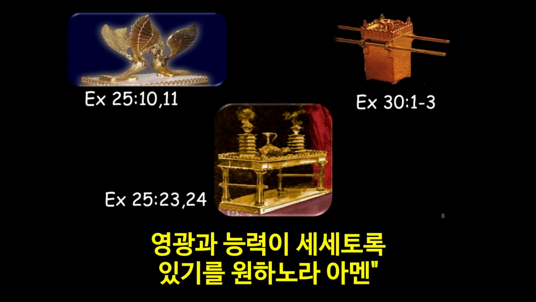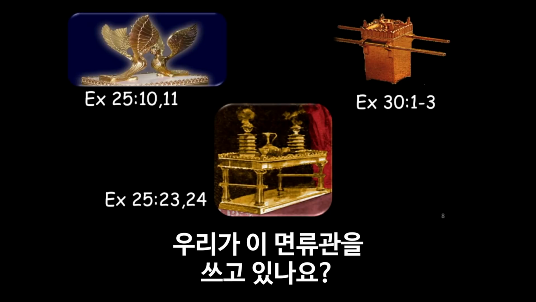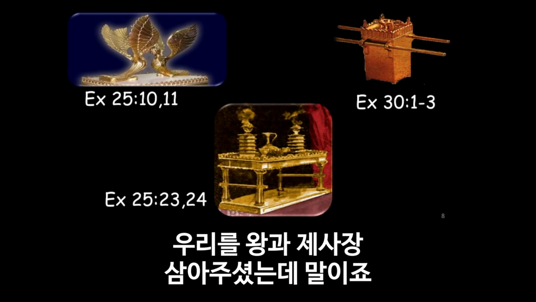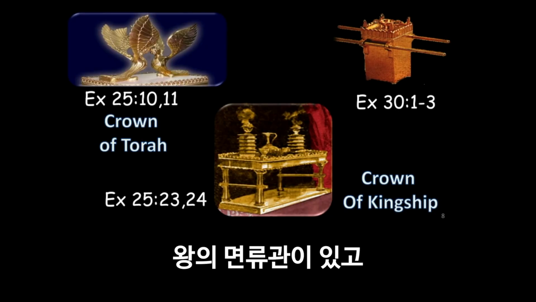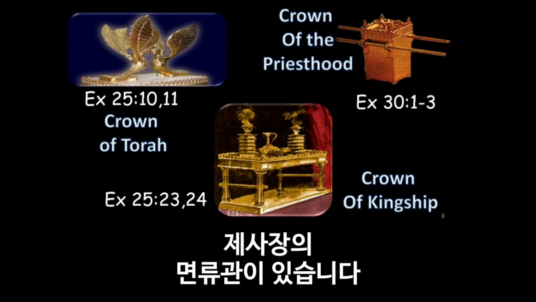To him be glory and dominion forever and ever. Amen. Are we wearing those crowns? Because he has made us kings and priests. Now we're going to see. So there's the crown of Torah, there's the crown of kingship, and there is the crown of the priesthood.